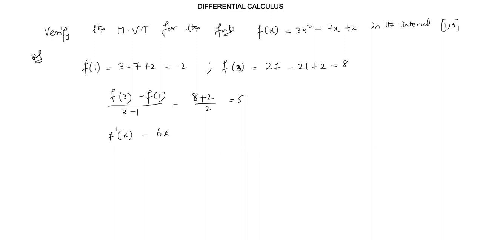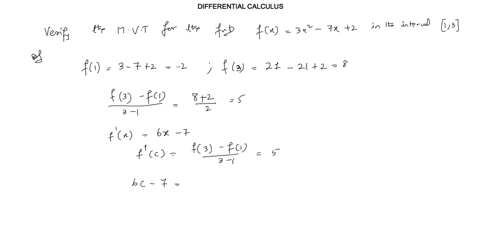Okay, so f dash of x would be 6x minus 7, differentiating f of x, which is 3x squared minus 7x plus 2, and f dash of c is (f of 3 minus f of 1) divided by (3 minus 1), which is 5.